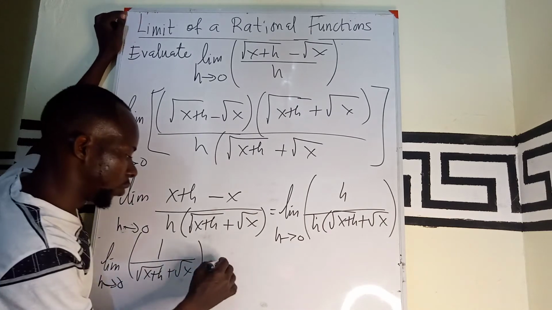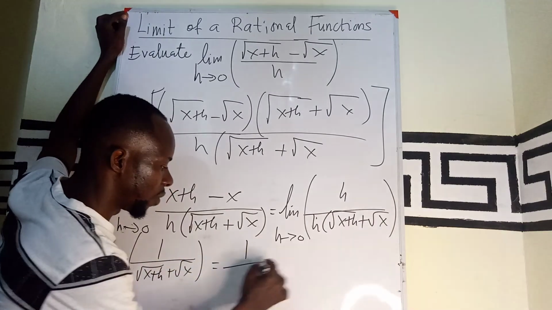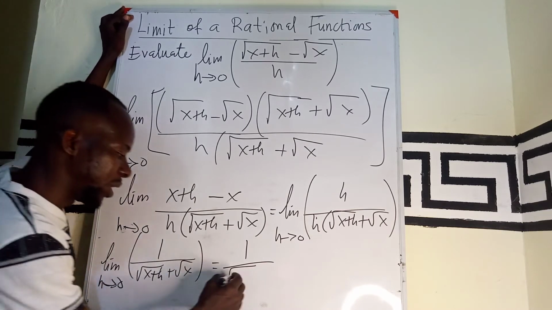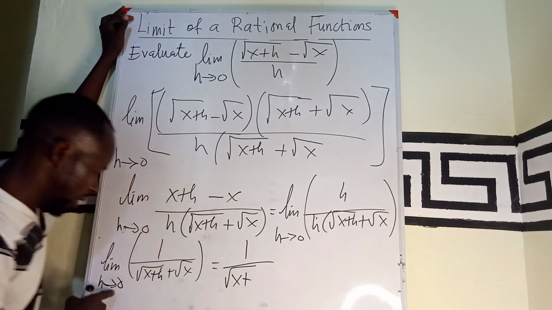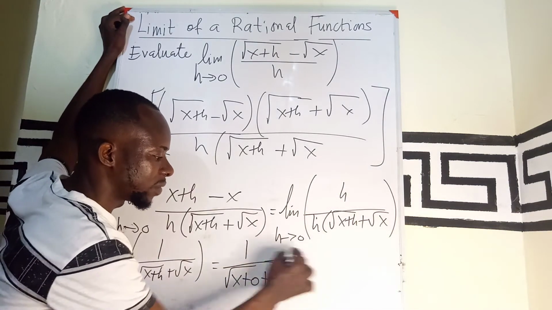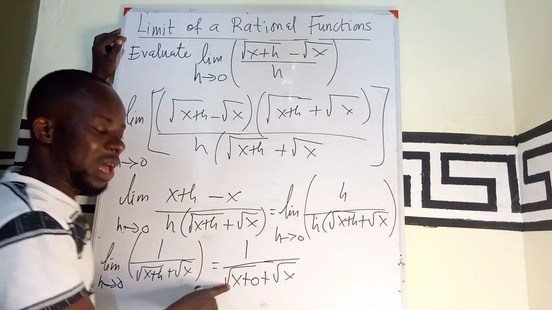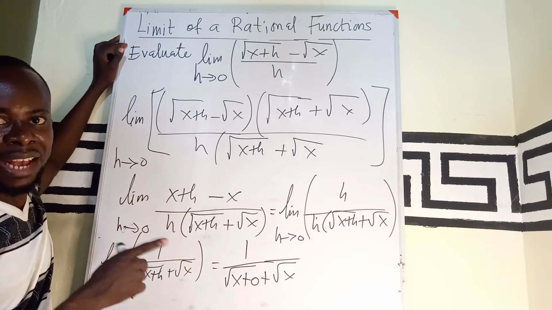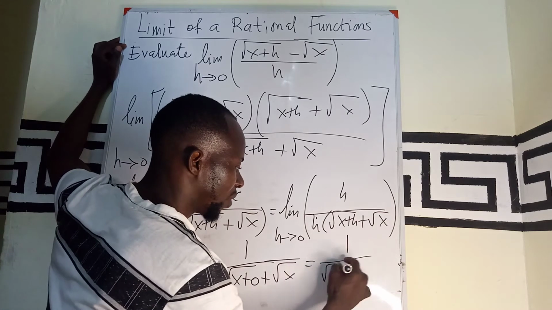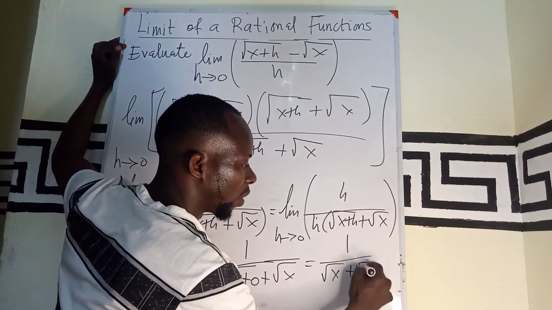So we have 1 over the root of x plus 0, plus the root of x. x plus 0 will still give us x. So we get 1 over the root of x plus the root of x.